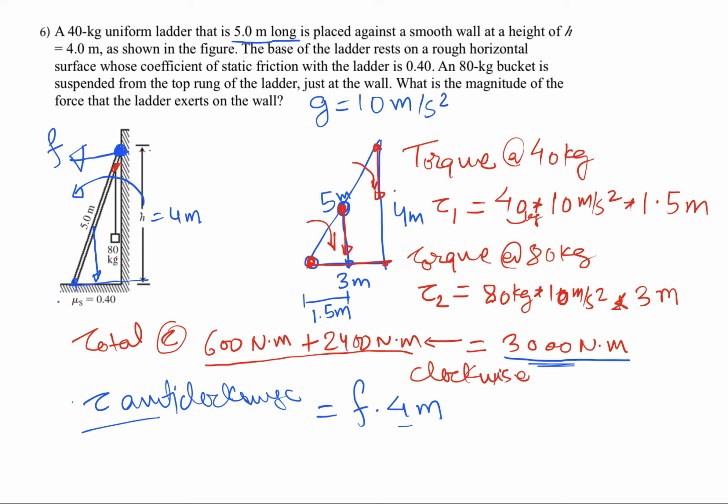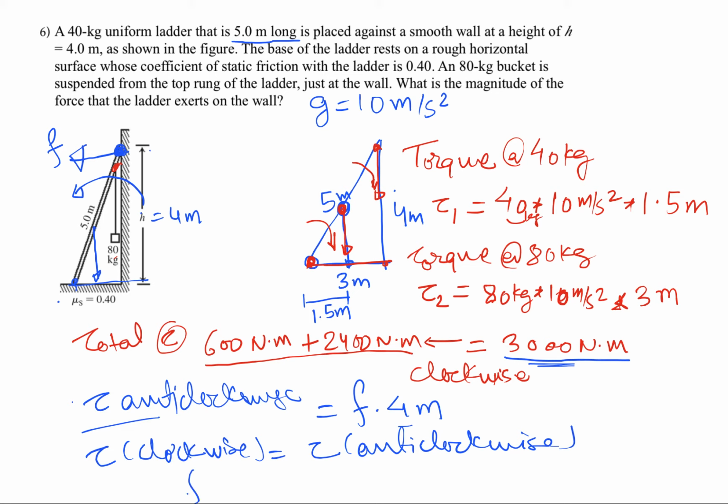So tau clockwise must equal tau anti-clockwise. Therefore F times 4 equals 3000 Newton meter, and that 4 is in meters.